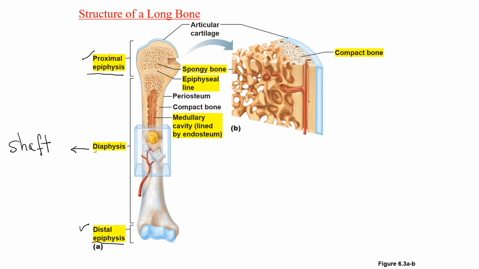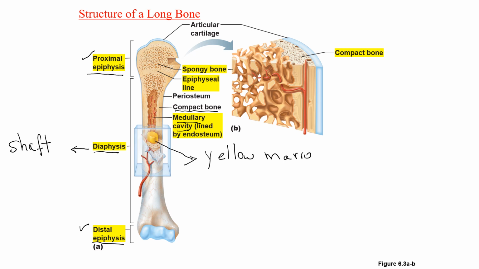The diaphysis, or shaft of the long bone, is made of compact bone tissue which surrounds a cavity called the medullary cavity. Within the medullary cavity, there is yellow bone marrow.